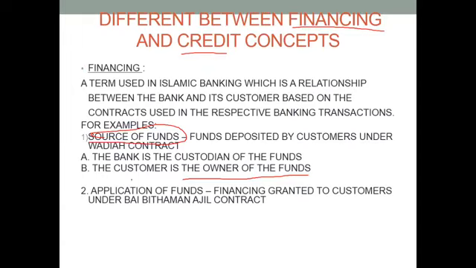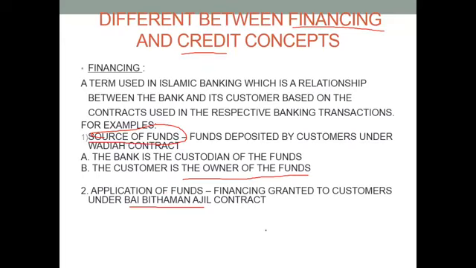This is the term, for example, the source of fund, and the application of fund. The application of funds is financing granted to customers under bai bithaman ajil contract, deferred installment payment. This is an example of financing. How you get the fund, and then how you apply, use the fund.